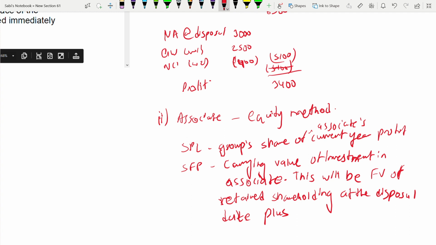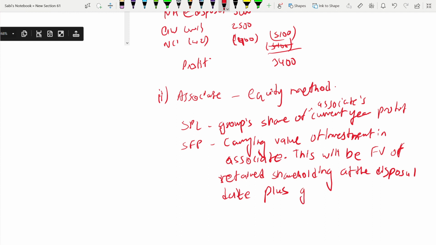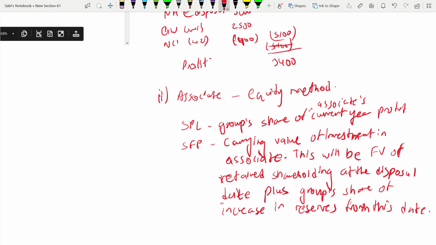Recall the formula. Group's share of the increase in reserves from this date. That means the profit. Group's share of increase in reserves from this date, or in profit from this date. Okay, done.